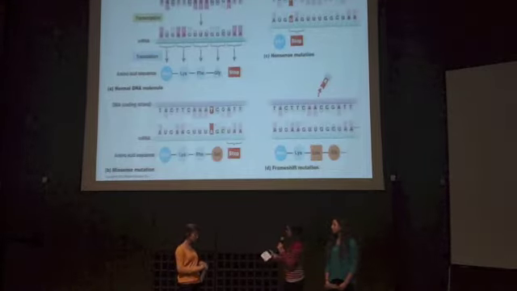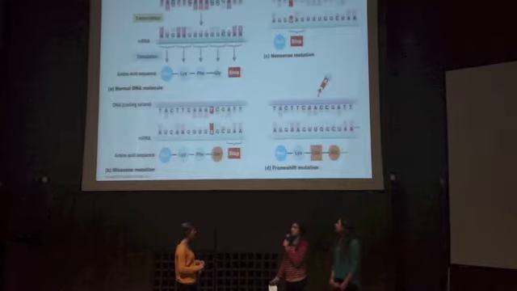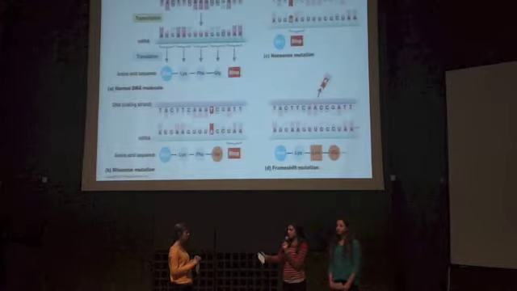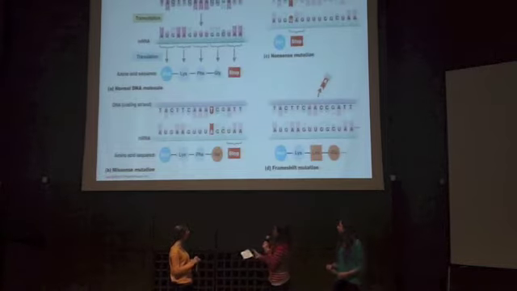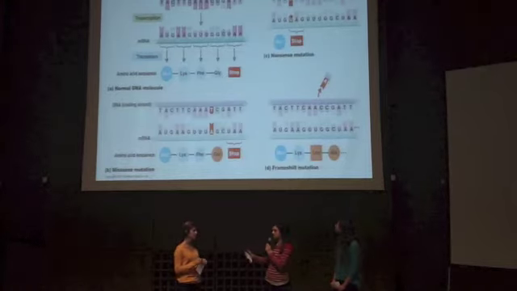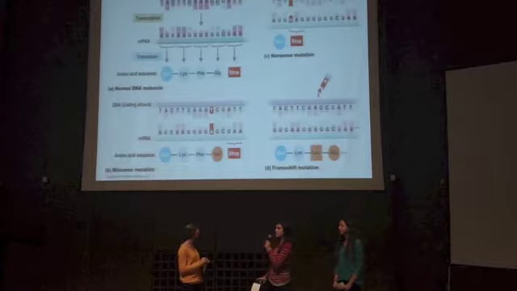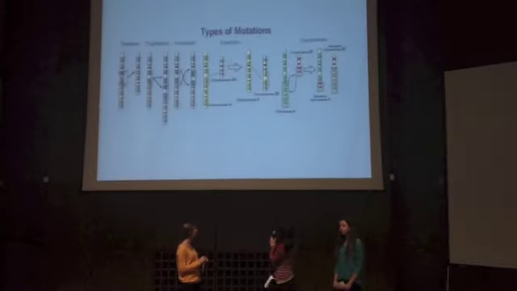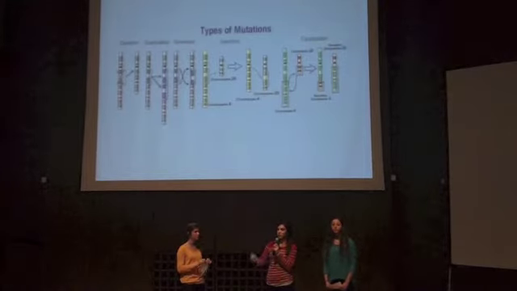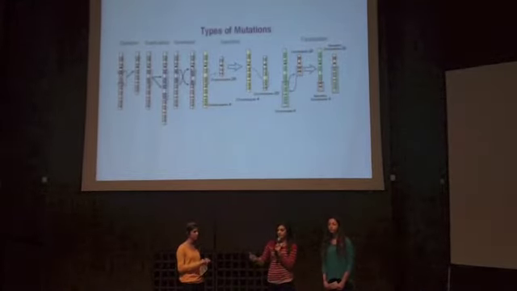In class, we specifically covered point mutations, which is the addition, deletion, or substitution of a single base pair. Types of point mutations that we learned about include nonsense mutations, missense, frame shifts, and silent mutations. Another type of mutation are chromosomal mutations. These include, for example, deletions or insertions or translocations of multiple base pairs.